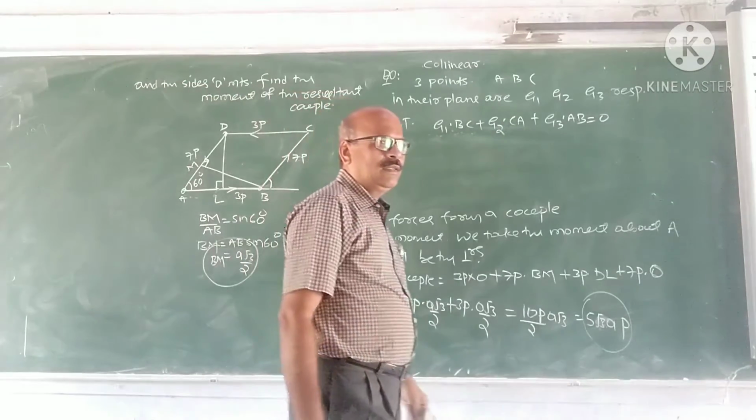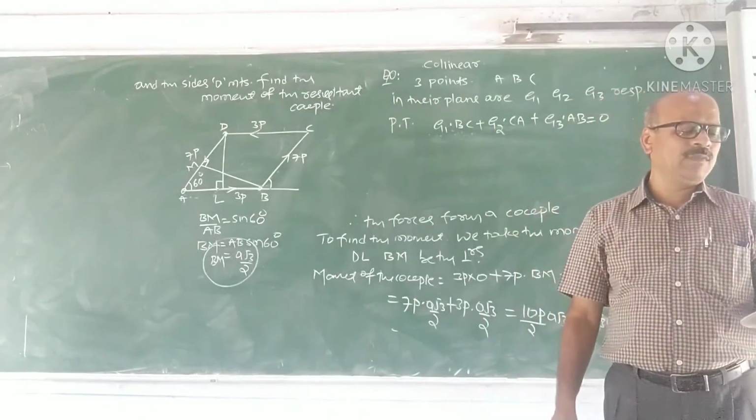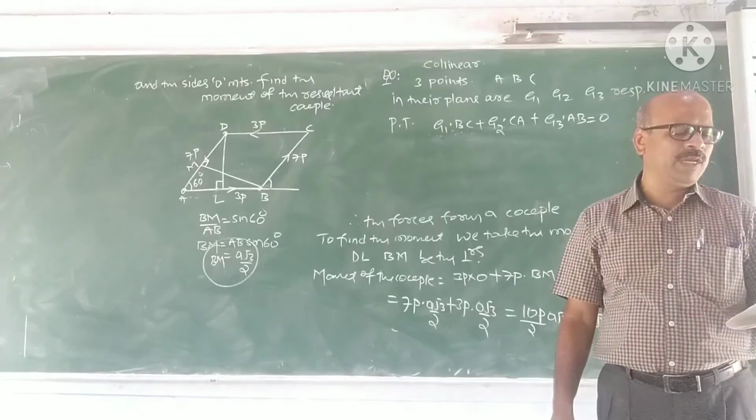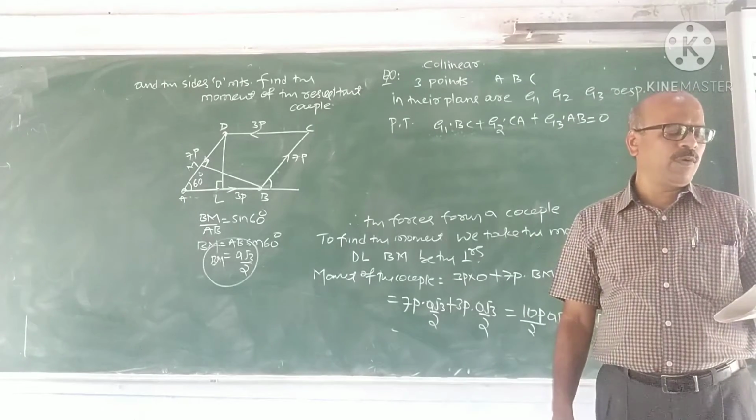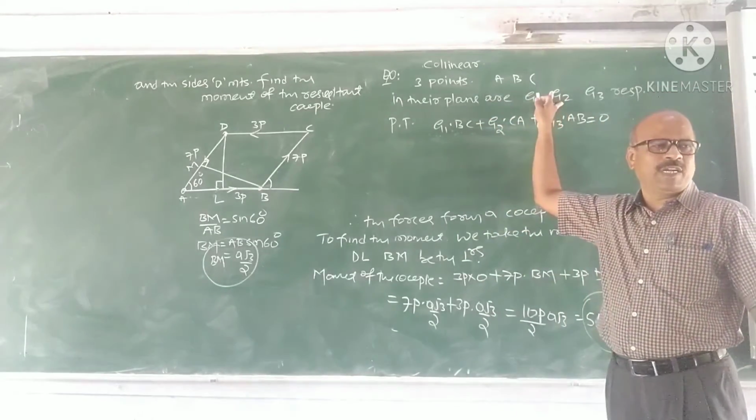What is given here? The moments of a system of coplanar forces not in equilibrium about 3 collinear points in their plane are G1, G2, G3. They are different.